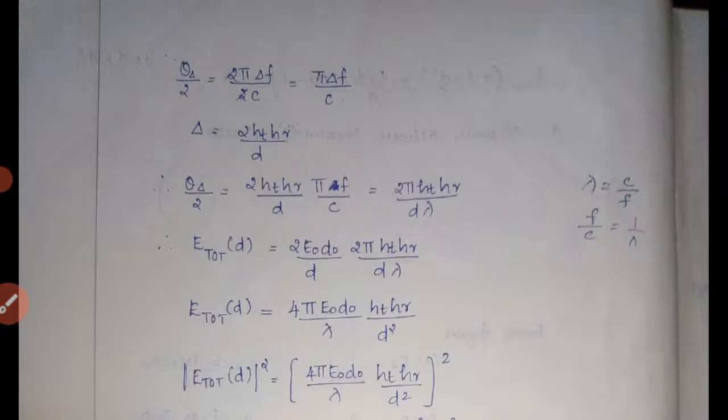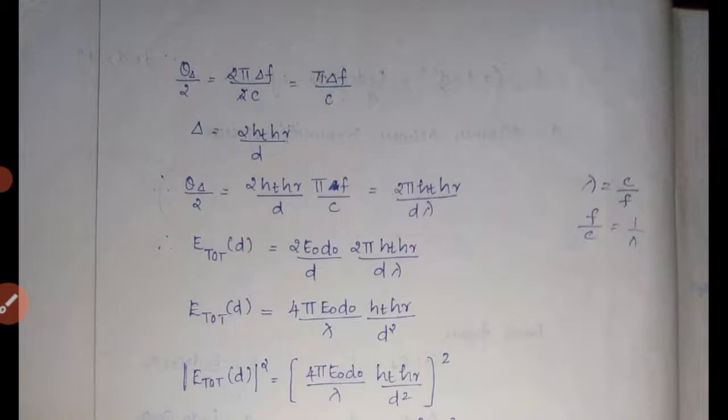Simplifying this, we get 2 pi ht hr, and we have to substitute the value of c. C is equal to lambda into f, so the values of f get cancelled. We get 2 pi ht hr by d lambda.